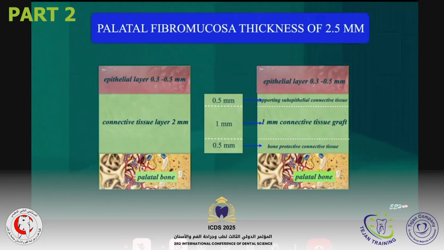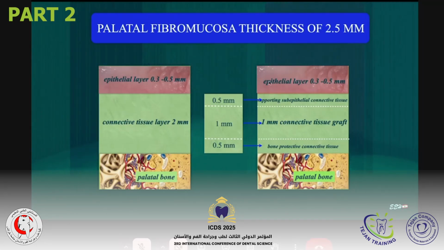If in my assessment before, I find a fibromucosa thickness of 2.5 millimeters, when I do my harvesting, I can have only 1 millimeter of thickness for the graft, because I should leave a minimum of 0.5 millimeter to support the epithelial layer.